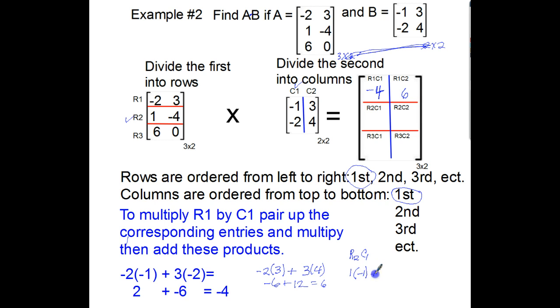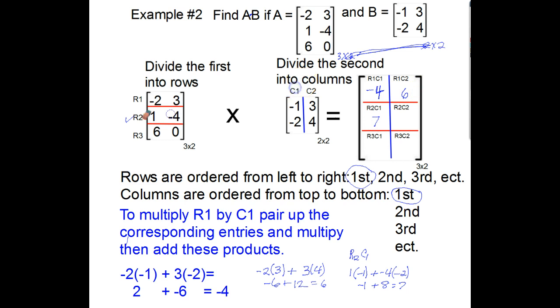Add to that, it's add every time, the second element in row 2, negative 4, times the second element in column 1, negative 2. Now we just complete that by following the order of operations. We have negative 1 plus 8. Negative times negative is positive. It's going to give us 7. So for row 2, column 1, it's 7.